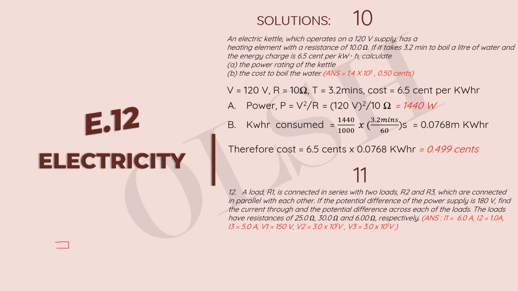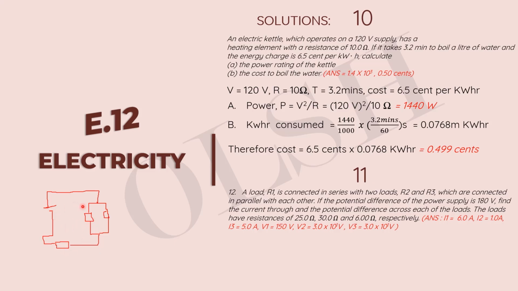Just like what we had in the previous question we did, let's say we have this load connected like this. Pardon, this is my drawing. So we have these two loads in parallel and we have this in series with them.